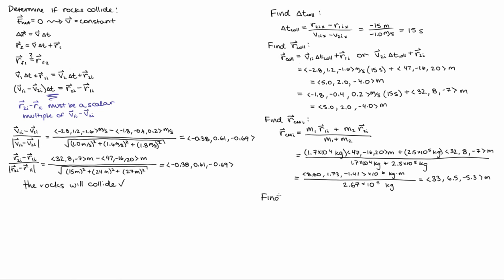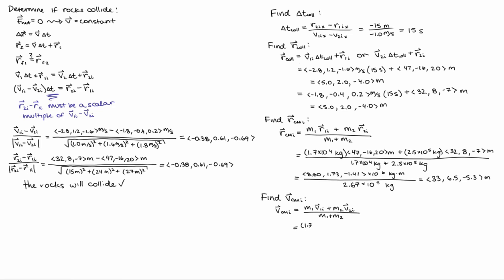Next, we will calculate the initial velocity of the center of mass. This formula is very similar to that for the position of the center of mass. We will calculate the initial velocity of the center of mass using m1 v1 initial plus m2 v2 initial all over m1 plus m2.